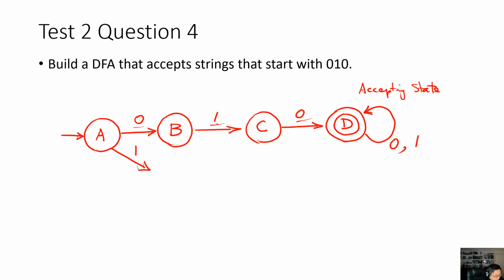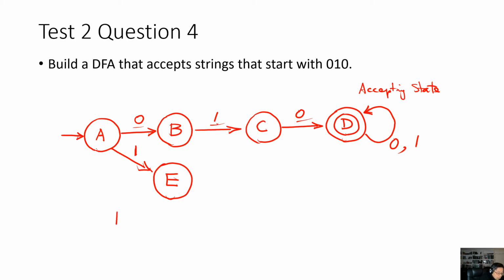Now, if we got an input 1 starting from state A, we're going to land at another state, we call it state E. A string starting with 1 definitely doesn't start with 0, 1, 0, right? So we're not going to accept it.